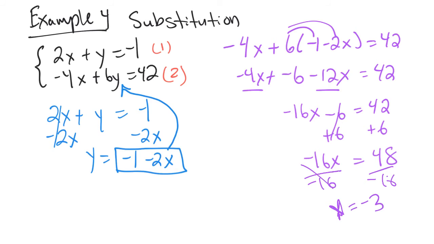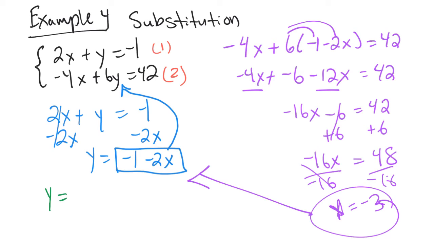Now, almost done, not quite. So we know that x equals -3. We can take this -3 and plug it into either equation and solve for y. I'm going to plug it in over here because we already have this one. All right, we already have this y kind of already solved for itself.